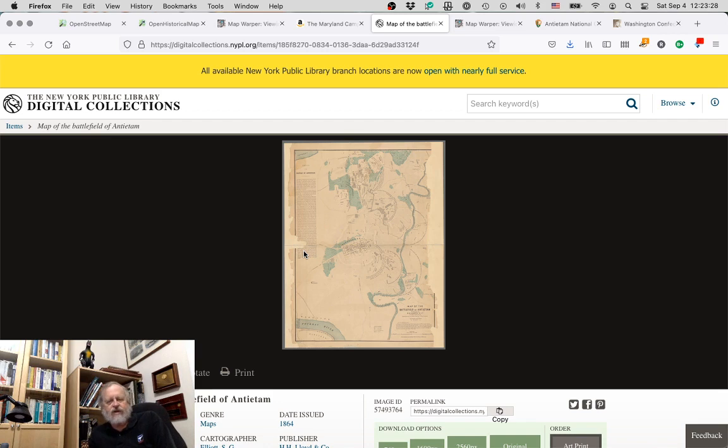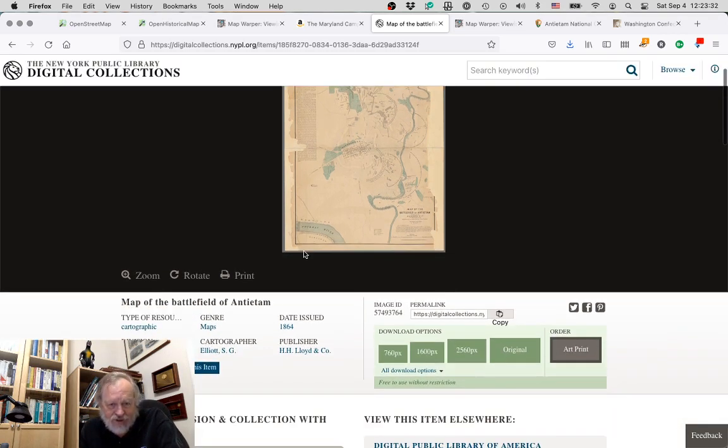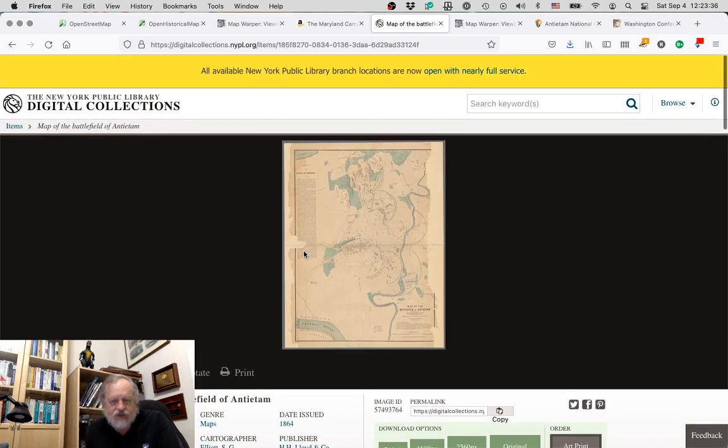Now, what is it? This is the Elliott Map. And see here it says the cartographer is S.G. Elliott. So Elliott was already well known. He had created a map in the aftermath of the Battle of Gettysburg, a little less than a year later, showing where all of the Union and Confederate temporary burials were on the site.